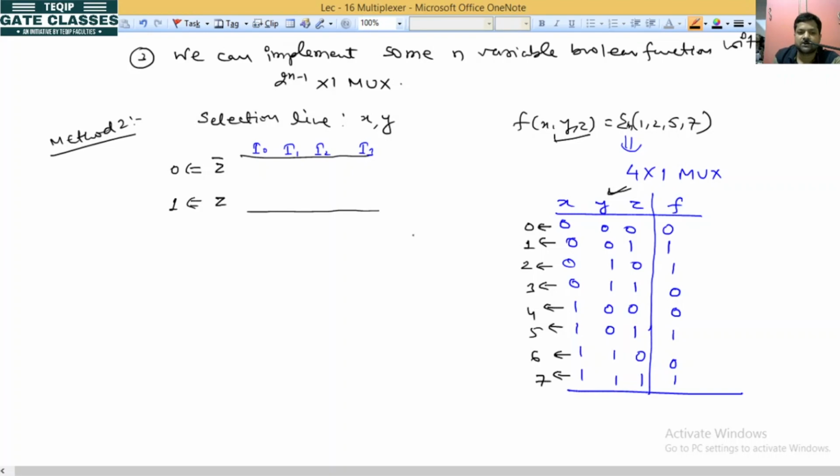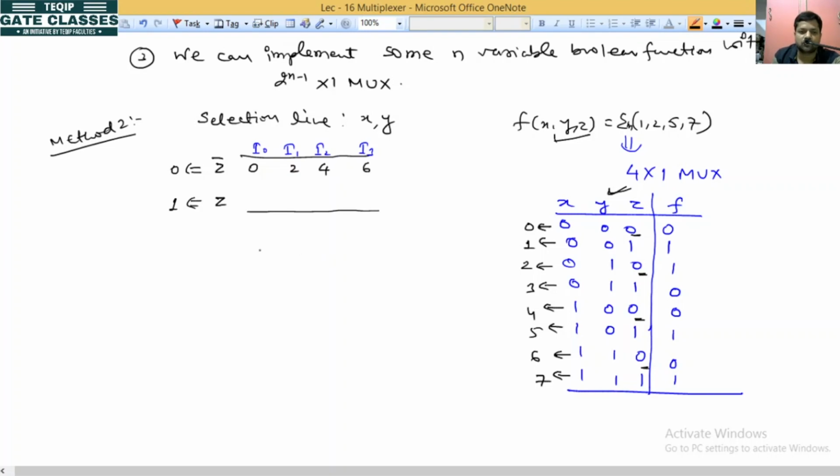Now where we have 0 on z, on these 4, that is 0, 2, 4, 6, place them in front of z bar: 0, 2, 4, 6.